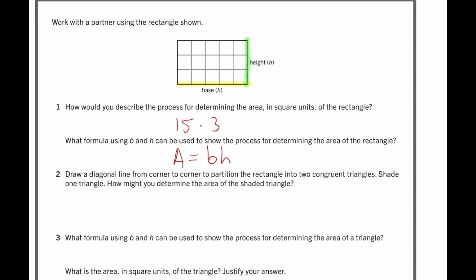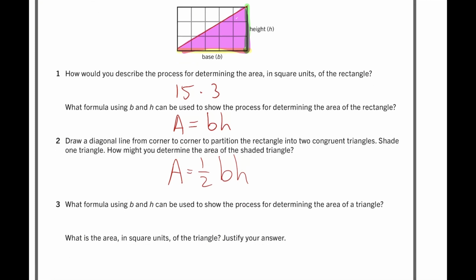Number 2, draw a diagonal line from corner to corner to partition, or to break into parts, the rectangle into 2 congruent triangles. Then it says to shade one triangle, and then it says, how might you determine the area of the shaded triangle? Well, as we talked about in our lab, the area of the triangle is 1/2 the area of my rectangle, which was base times height.